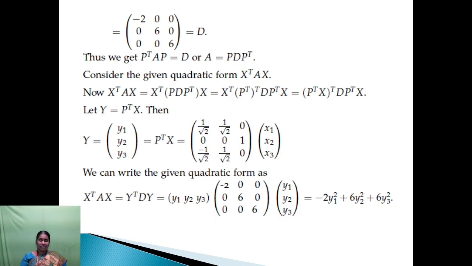Now in the middle we substitute our D value as minus 2, 0, 0, and so on. On multiplying the three matrices, we obtain the equation minus 2 into y1 square plus 6 into y2 square plus 6 into y3 square, where the coefficients are our eigenvalues.